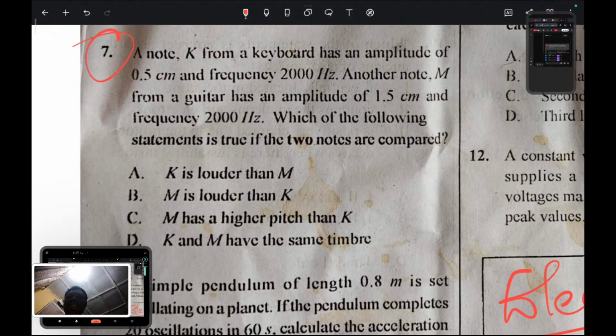It says a note K. Okay, so you see that we have K here. The values given to us here are just for formalities, but not really for formalities, we are going to use them.